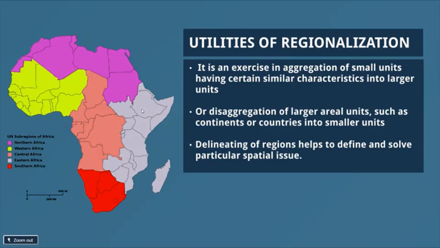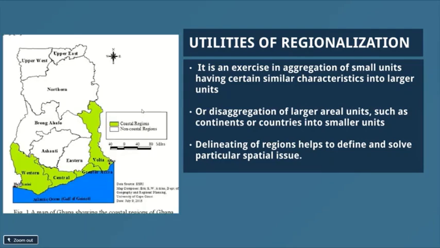And so this job that geographers are doing is very relevant in our world today. After we create a region for coastal areas, it will become easy for us to identify problems associated with coastal areas and also help solve those problems.